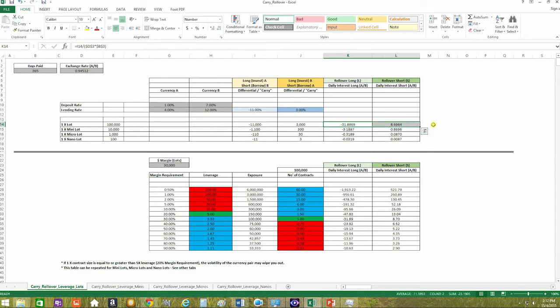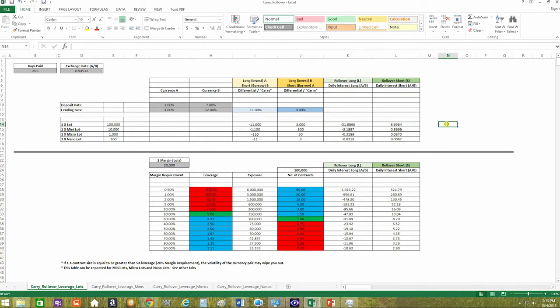And what you've got to think about, similar to analysis that we were doing before in terms of margin requirement and margin call, and the volatility of an asset being overlaid onto those metrics, we concluded that over any time horizon, the volatility of the asset, so in this case, we're looking only at currency pairs, the volatility of the currency pair has to be, if it's bigger than the margin requirement of the broker, and you're fully leveraged, so using all of the broker's leverage, it's obviously very easy to be wiped out.